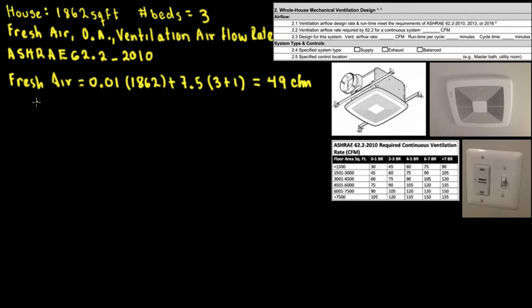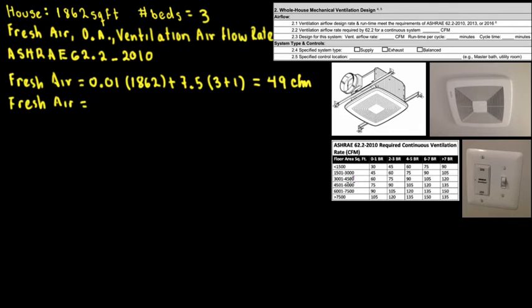Or you can also go to the table, and that was explained in another video. For this standard ASHRAE 62.2 2010, you have two options of calculating the fresh air requirement. You can either use the formula or you can go to the table.